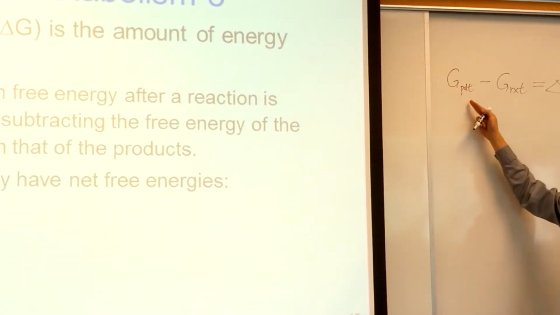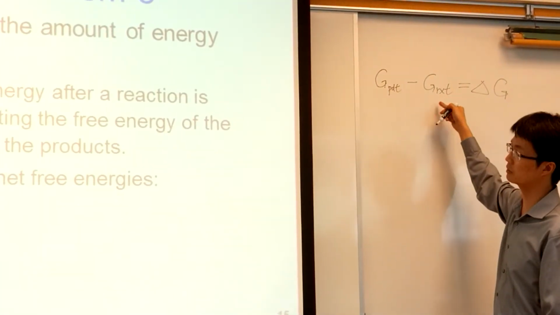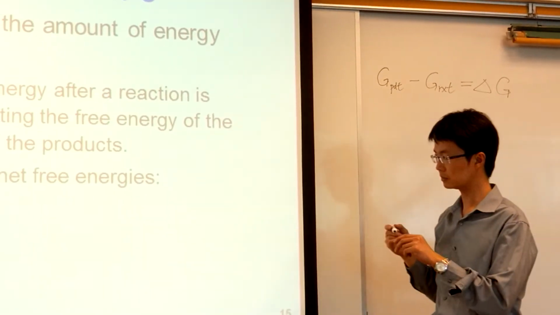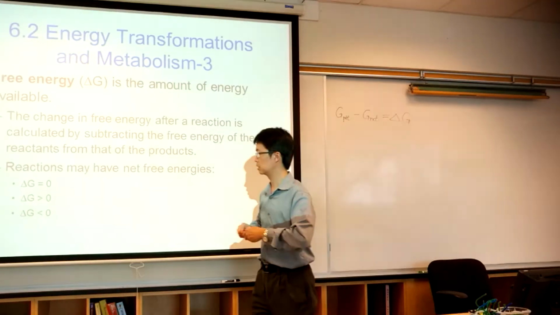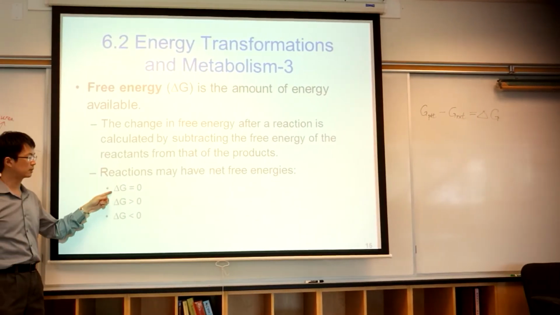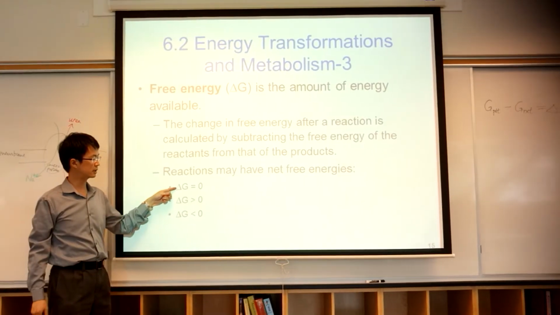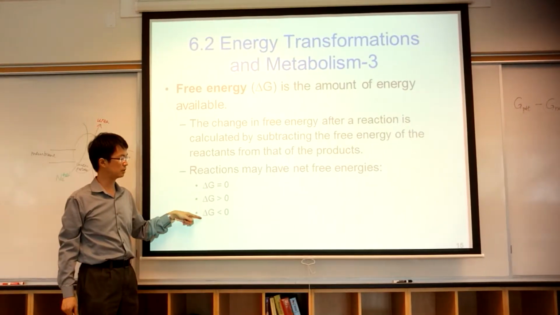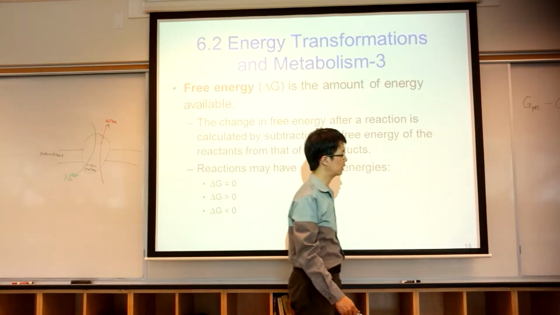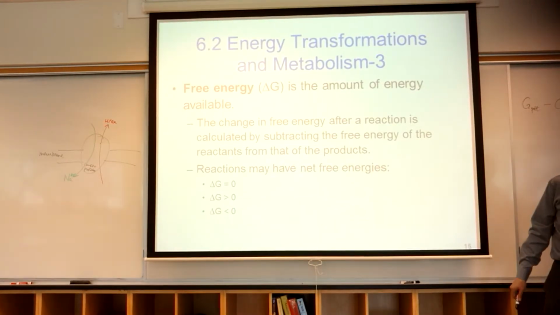So we have three possible results. It can be equal to 0, it can be larger than 0, it can be less than 0. It will tell you whether or not the energy released heat or absorbed heat.